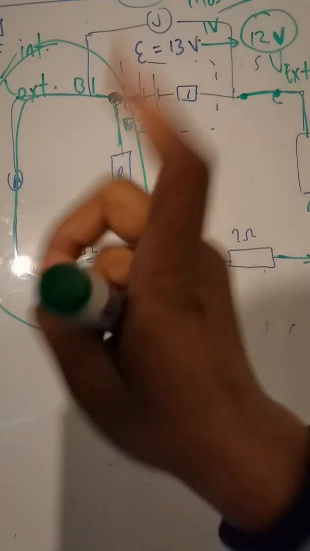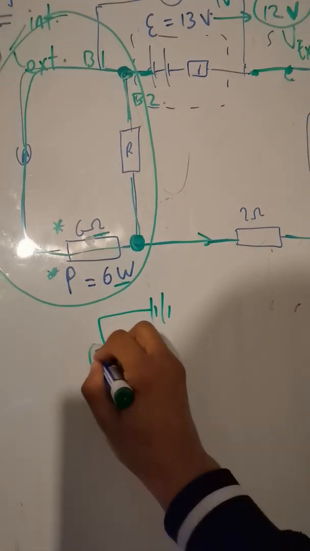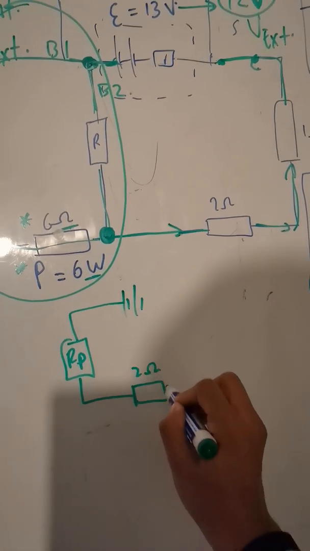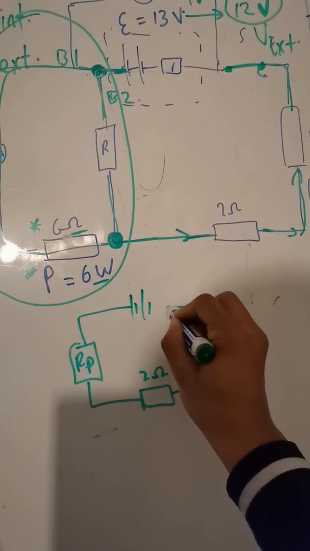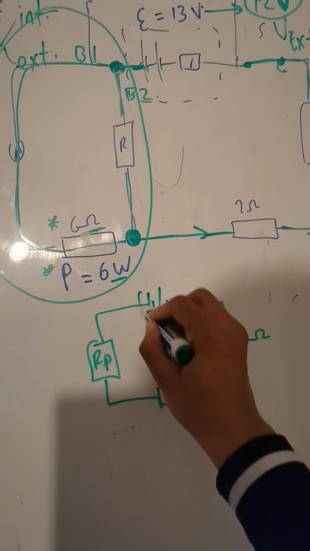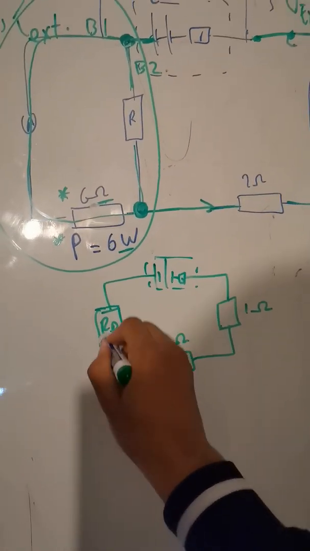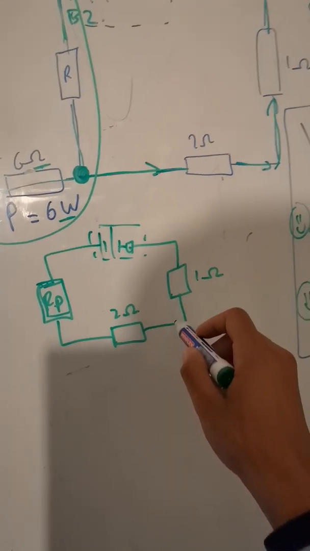If you condense it to one resistor, it will look like this: R parallel, which is connected to the 2 ohms, which is connected to the 1 ohm. So the parallel part is connected in series with the 2 ohms and the 1 ohm.